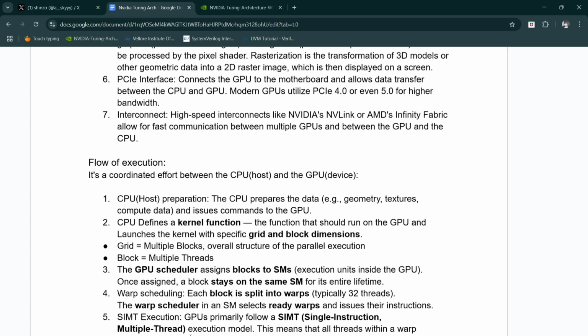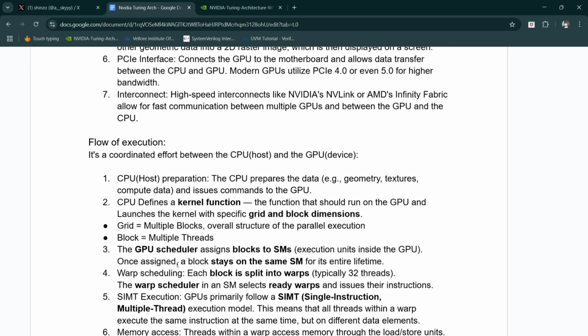Now let's see the flow of execution. It's a coordinated effort between the CPU, that is your host, and the device, which is your GPU. The CPU first prepares the data, that is your geometry, textures, compute data, and then it issues the commands to the GPU. The CPU also defines a kernel function. The kernel function runs on the GPU, and the CPU launches the kernel with specific grids and blocks.